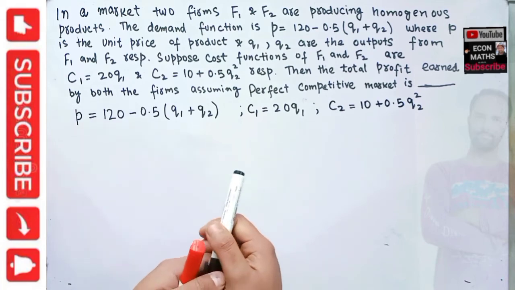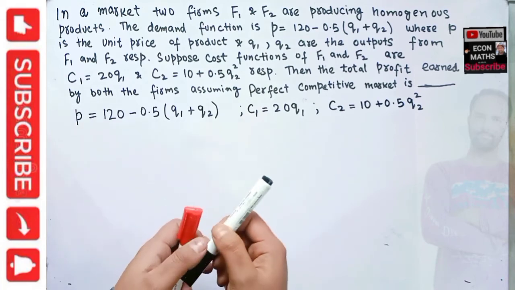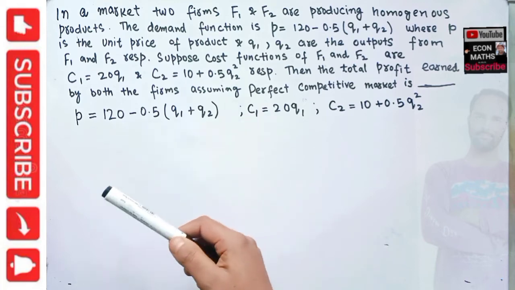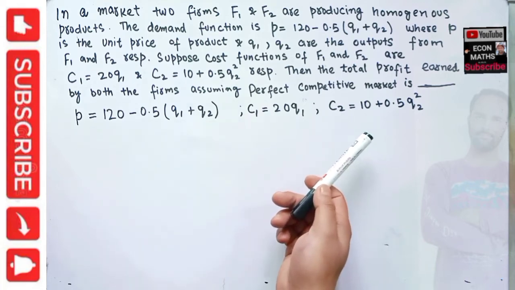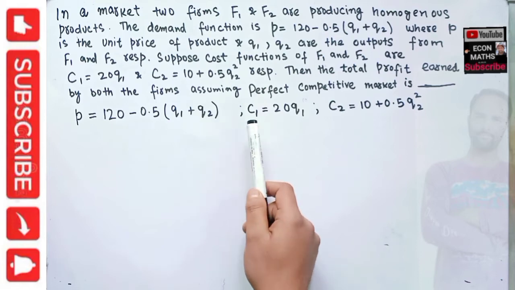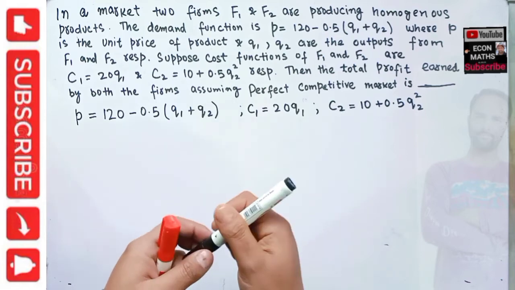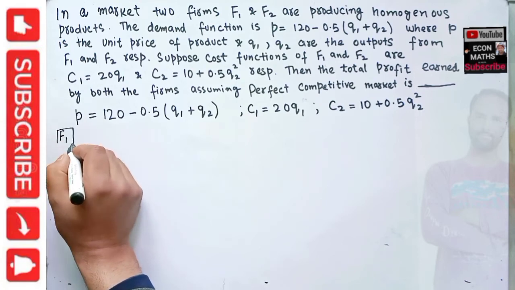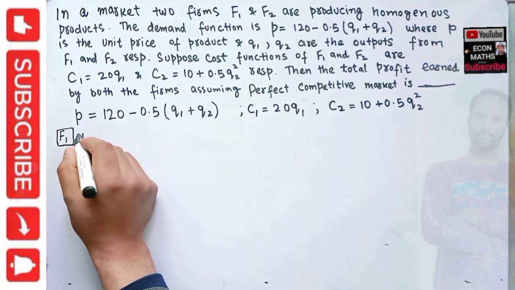How do we solve this question? First we will find the total revenue and marginal cost for firm 1 and for firm 2. Let's calculate for firm 1. What will be the total revenue?